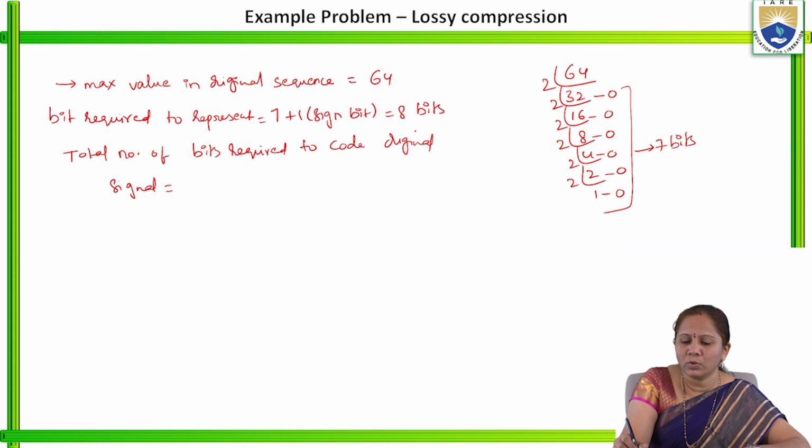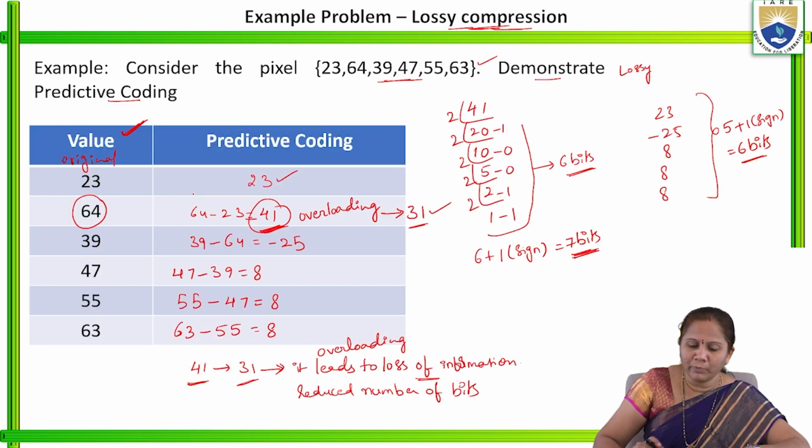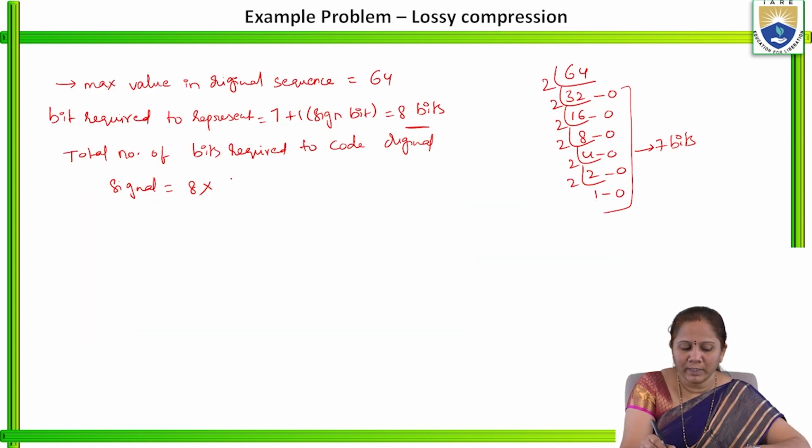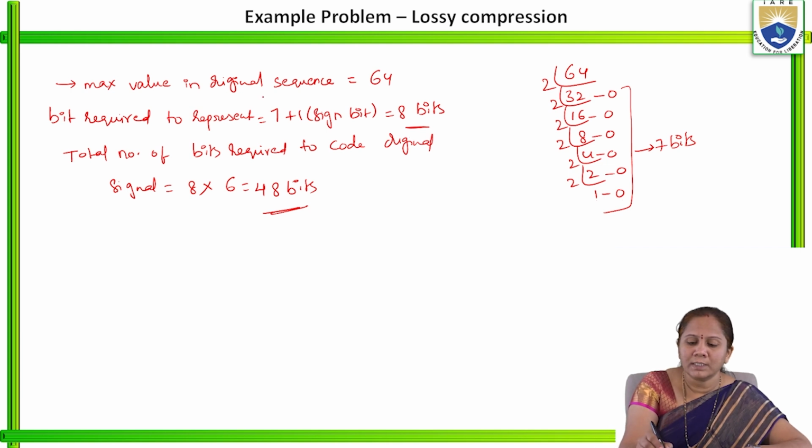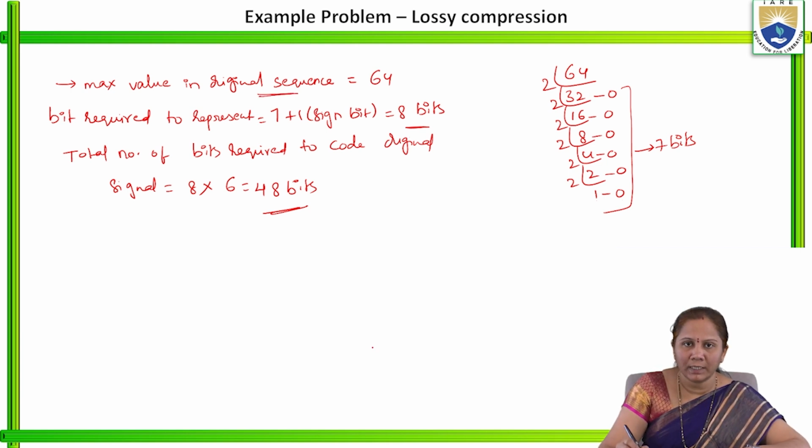Here, 8 bits. How many pixel values are there? 1, 2, 3, 4, 5, 6. So it is 6. Totally 48 bits. And this is about the original sequence.